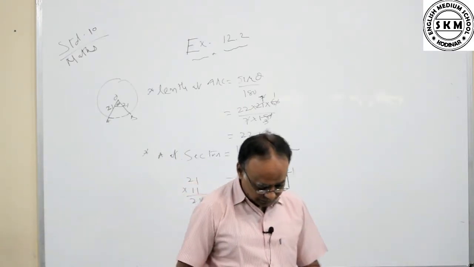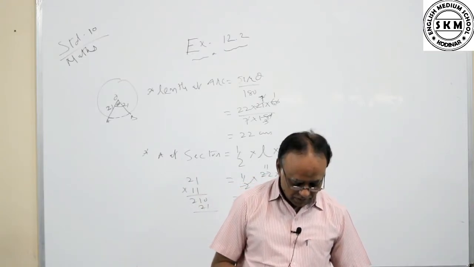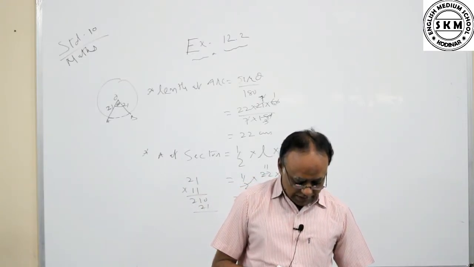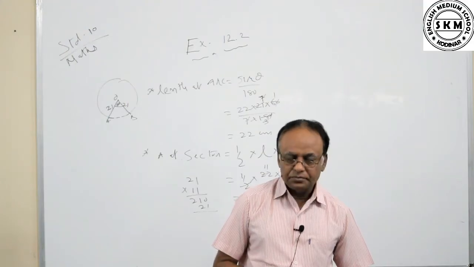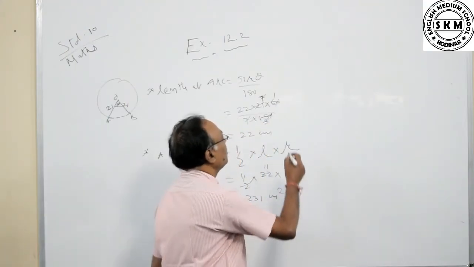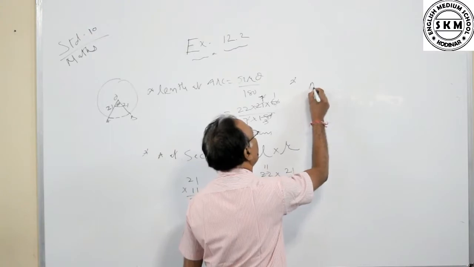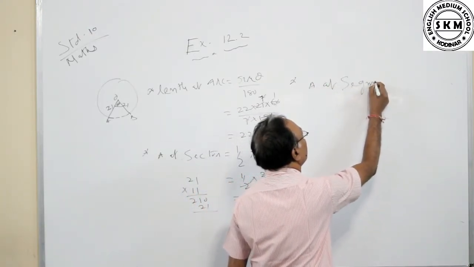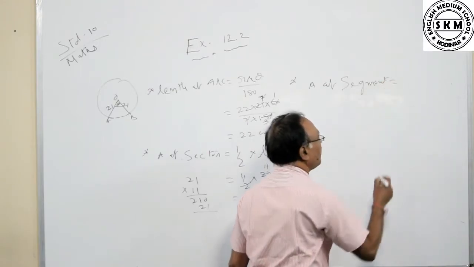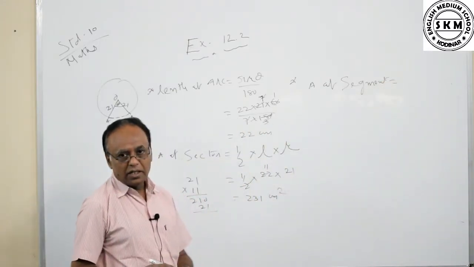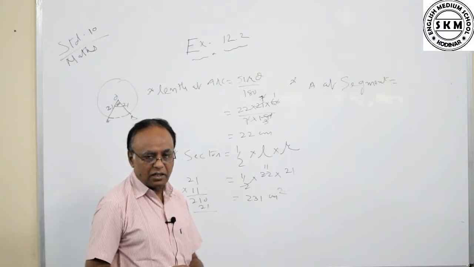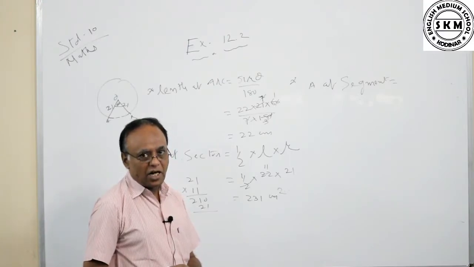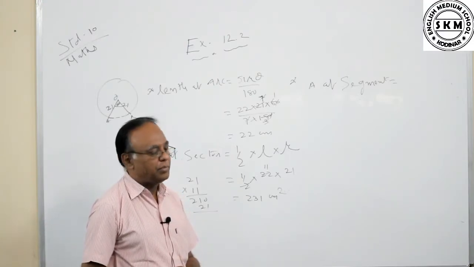Third question, the area of the segment. In previous examples I have also discussed that area of the segment is equal to area of the sector minus area of the triangle OAB.